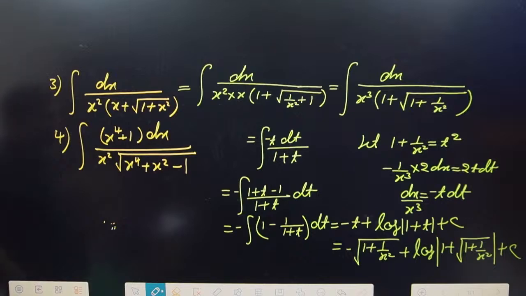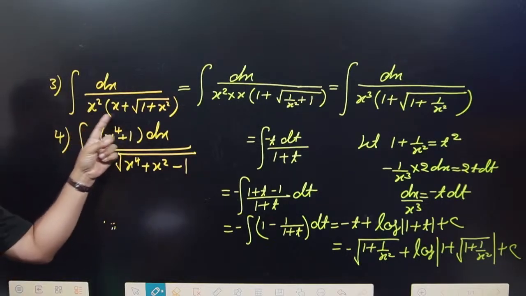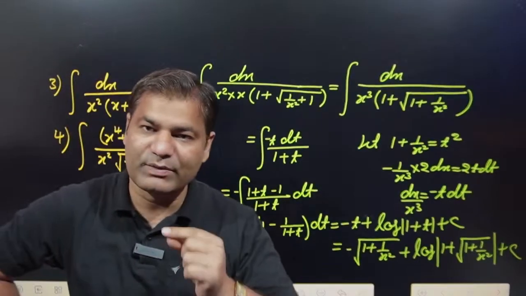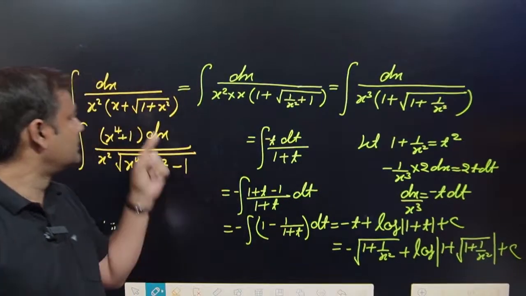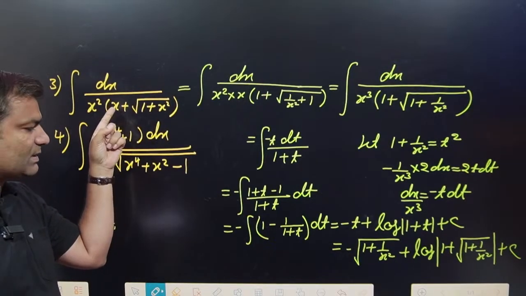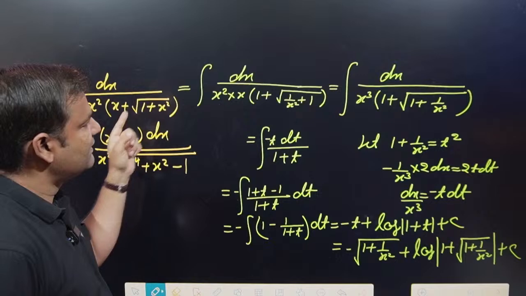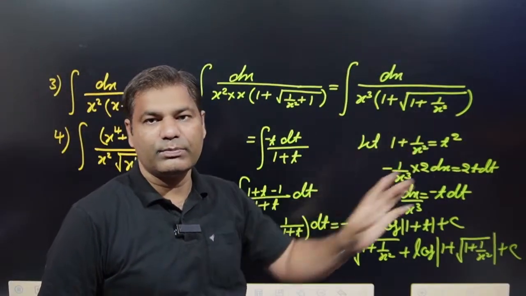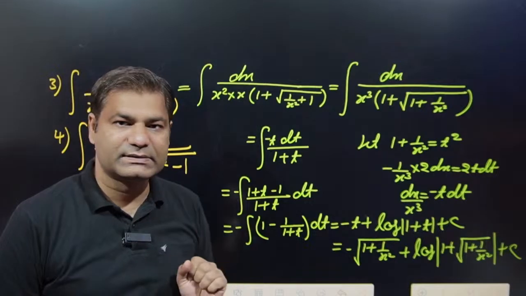Okay. So first of all, make it very carefully. How can we do it? Simply always take, first of all, the highest power common. Here x square, so if x is common, then after that we get x cube into 1 plus under root 1 plus 1 upon x square dx.